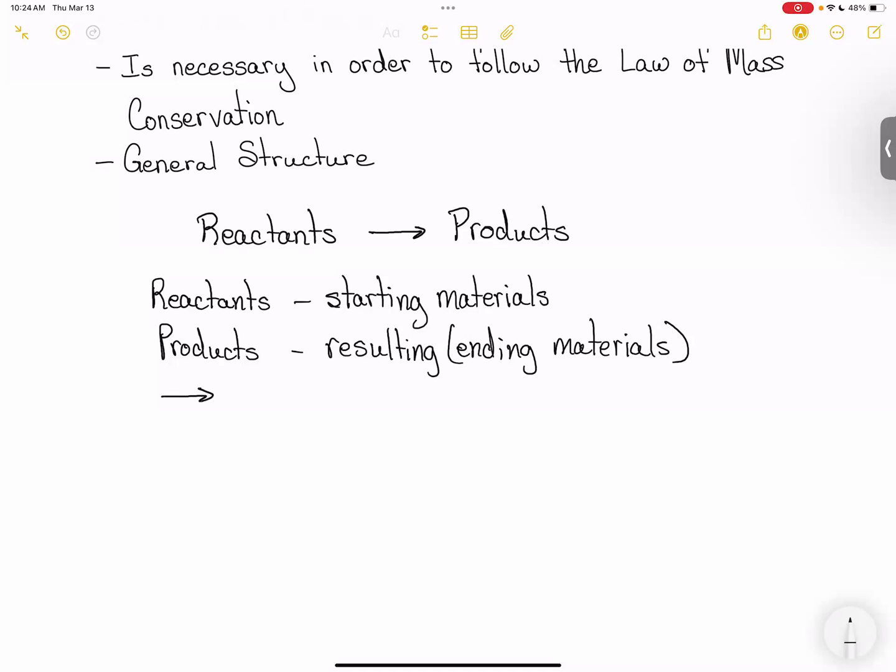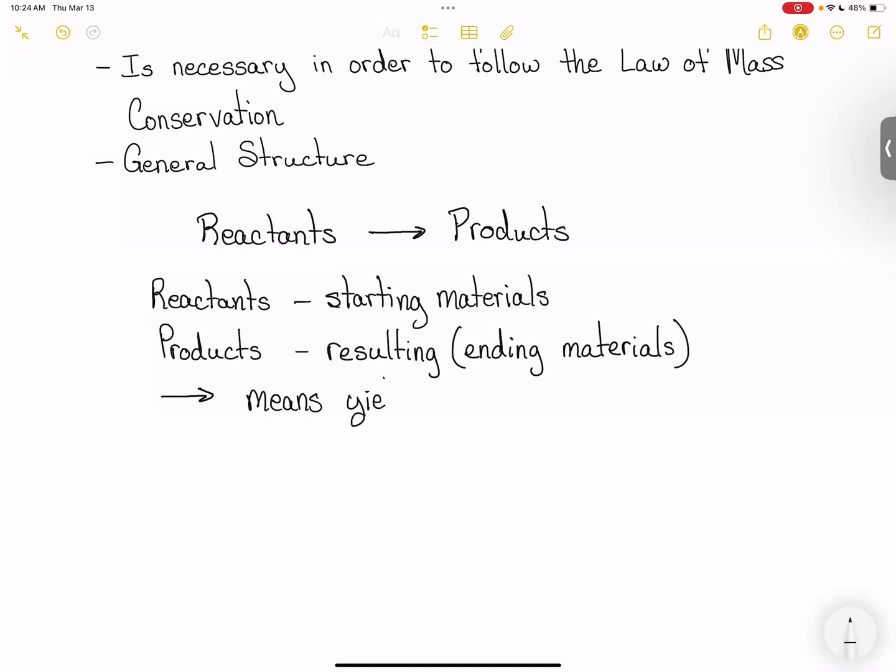The arrow means yields, produces, or some term that is similar, or it can mean equal in the case of the balanced reaction.